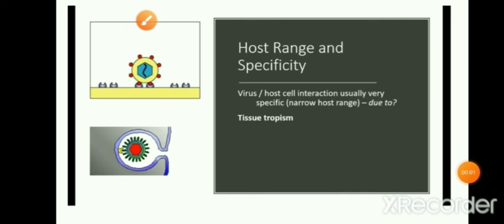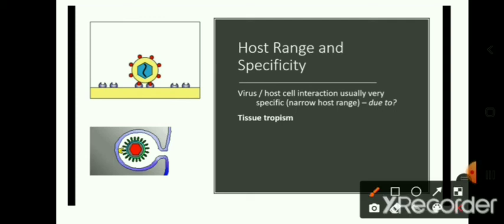Host range and specificity is another very important property of a virus. A virus has its specific host range, and it can be narrow or broad. You can see this picture.